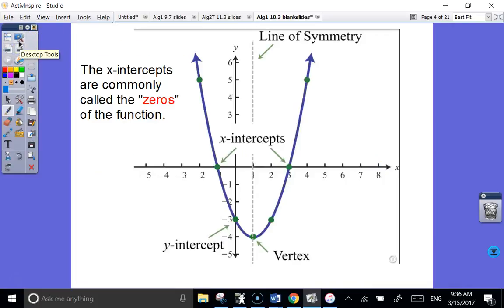Okay. If you graph a quadratic, it has a shape. It's not a straight line anymore, right? A lot of students will look at that and say it kind of looks like a U, which is not a bad general description of what you're looking at there. But it's actually called a parabola.